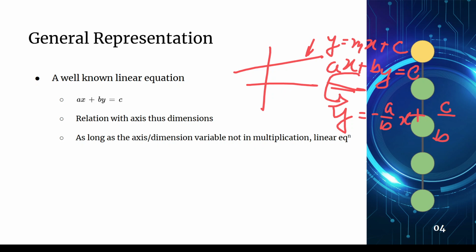Now the thing is, what is this word saying, that relation with x is thus dimension? What is this relationship with x is and thus dimension? Well, over here what you can see is that there are two dimensions, right? This one is called the x dimension and this one is called the y dimension. What about in case there were three dimensions like this one?